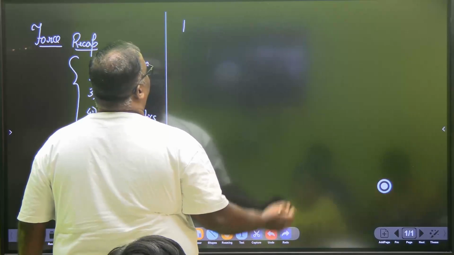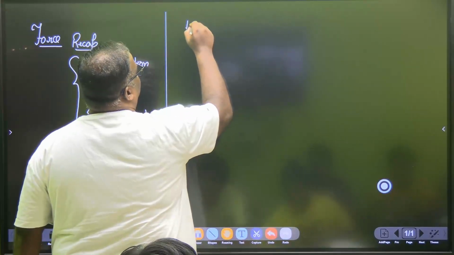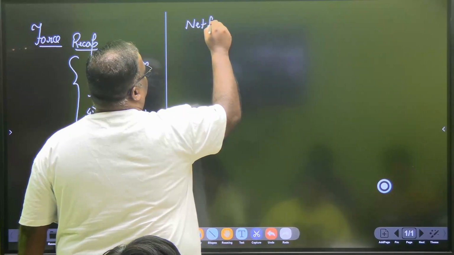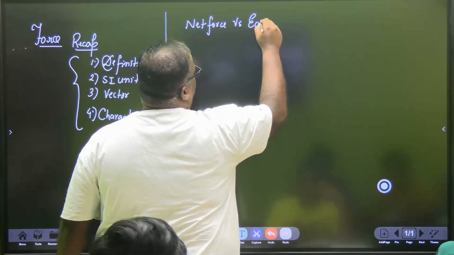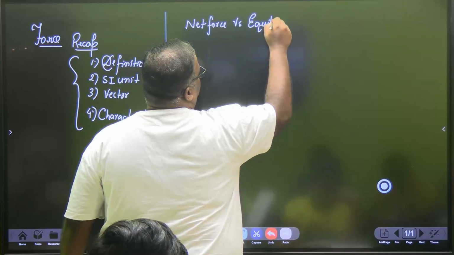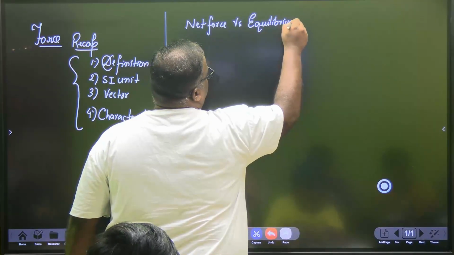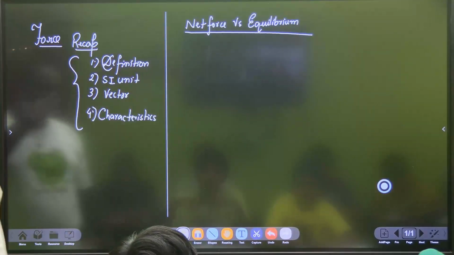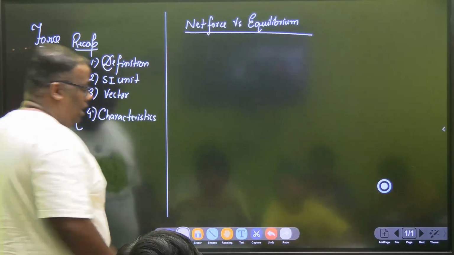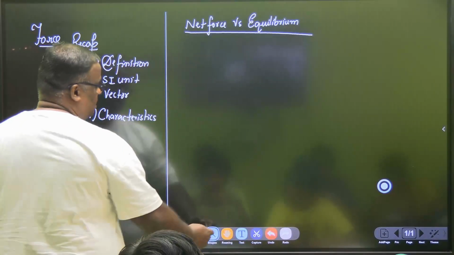We'll talk about net force versus equilibrium. Let's understand this concept first. We'll understand first what is net force, then what is equilibrium, and then we'll see 2 or 3 scenarios where some interesting findings will come up.